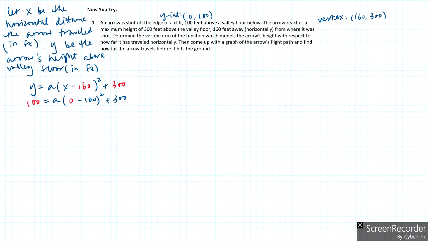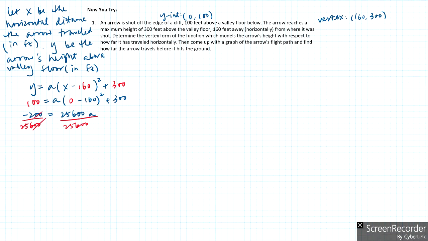To calculate this, we can subtract 300 on both sides. Negative 200 equals a times 160 squared, which is 25,600a. To find a, we can divide both sides by 25,600. Simplifying a little bit, the zeros cancel out, that's a factor of 100 that can be canceled.